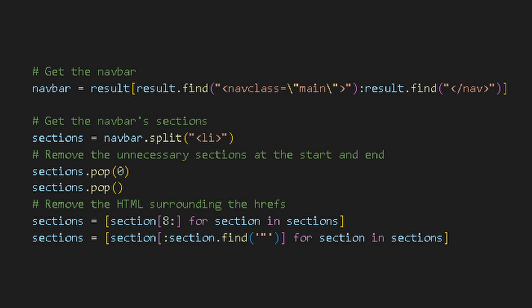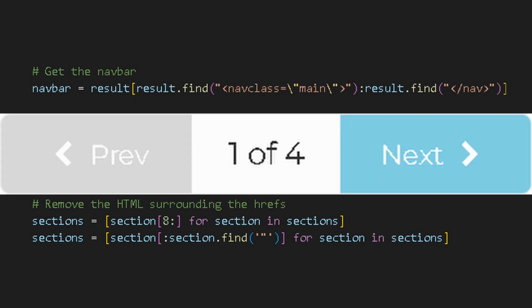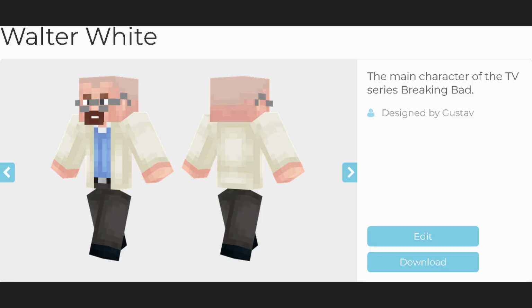We repeat about the same thing to extract the number of pages from the counter at the bottom of the category page, loop over those pages, and then extract the skin URLs for each section, and then, again using the same methods, we can extract the skin's name and description from the skin's page.